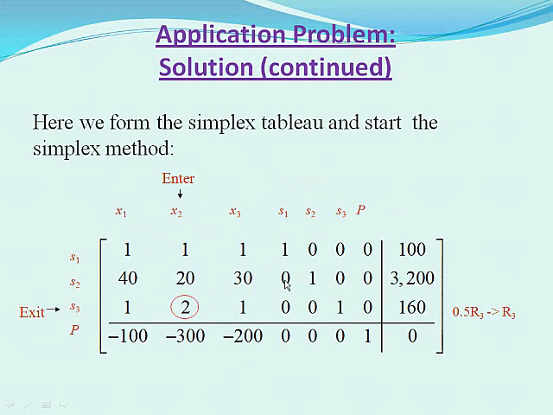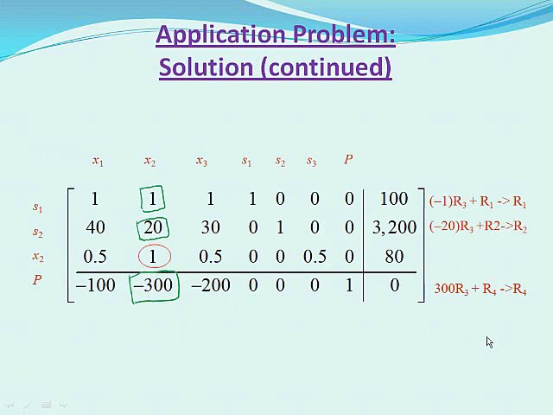Here we form the simplex tableau and start the simplex method. The pivot element is selected as 2 and we do the row operation to make it 1. Here we do the pivot operations to get zeros in the rest of the pivot column. We need these 3 row operations to achieve this.